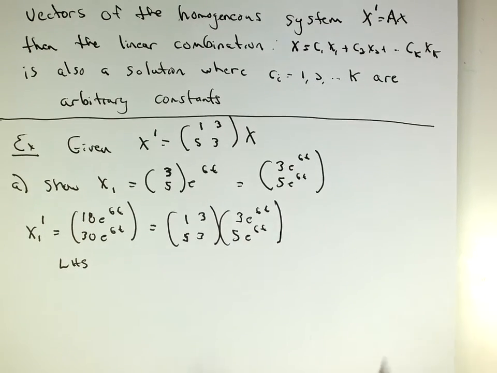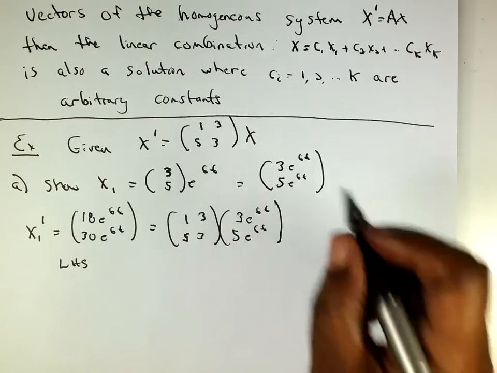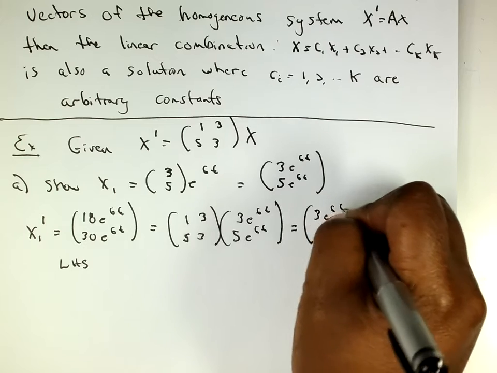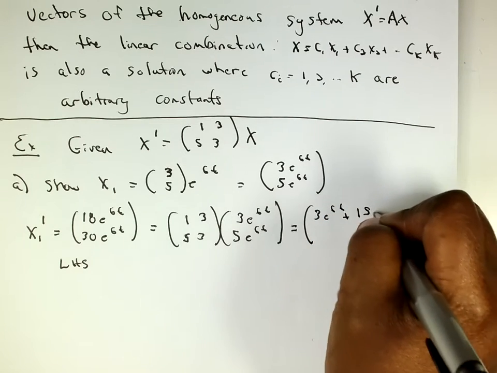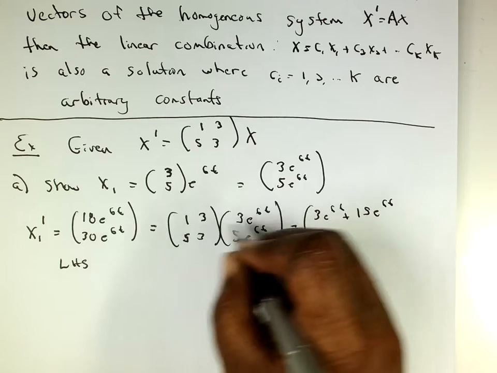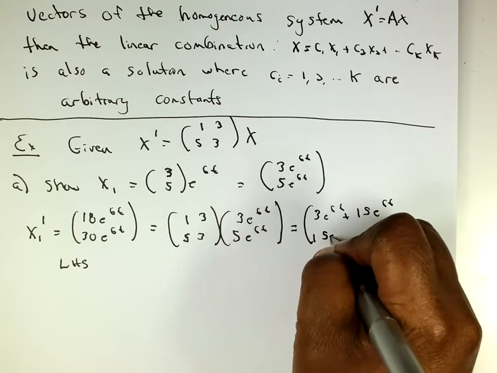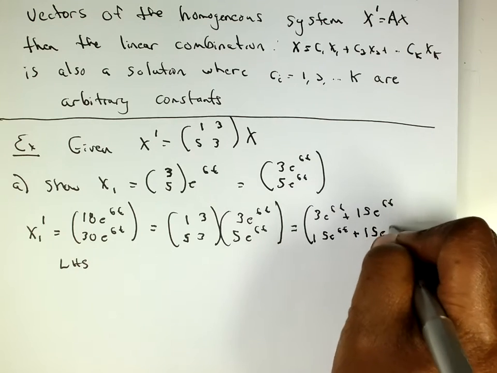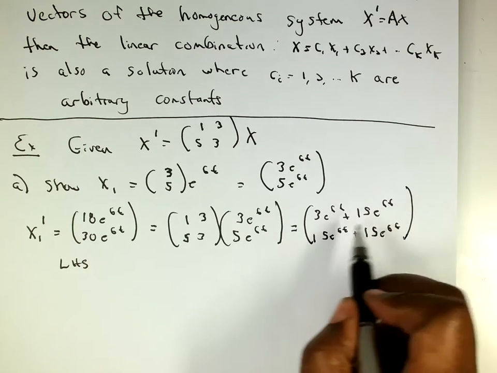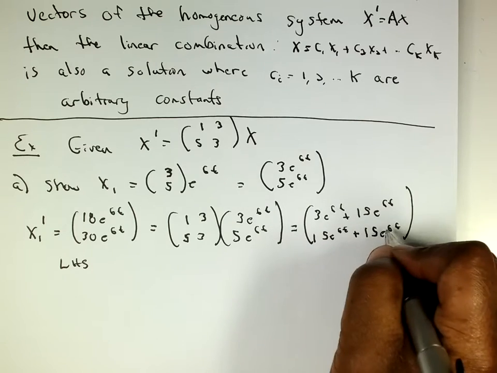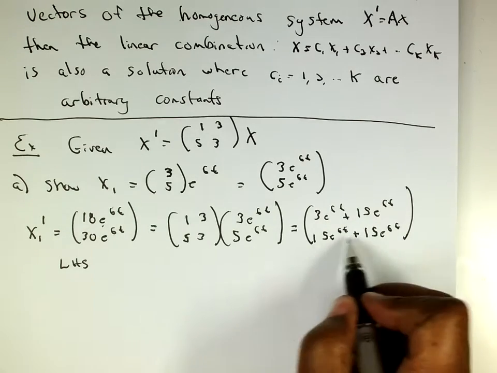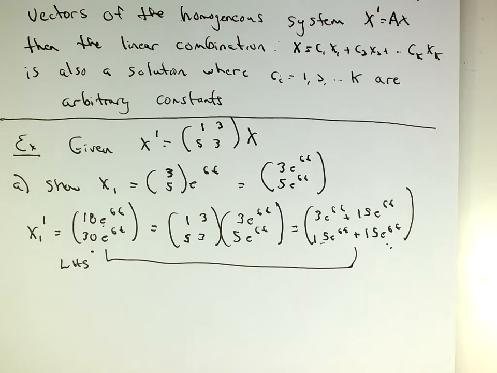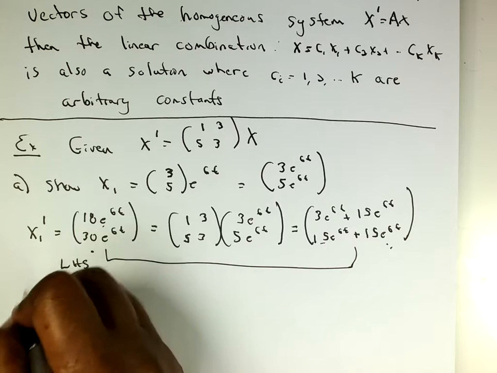When I multiply that out, I get 1 times 3 e to the 6t, which is 3 e to the 6t, plus 15 e to the 6t. And then the bottom, I get 15 e to the 6t plus 15 e to the 6t. Add these two together, and I get 18 e to the 6t, which matches here. Add these together, I get 30 e to the 6t. Because those match, I know that that is a solution.